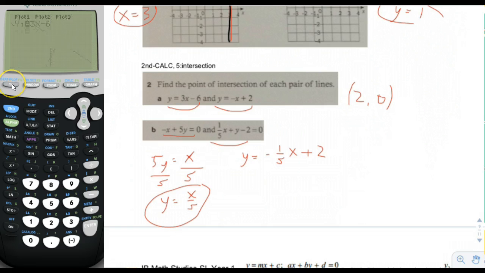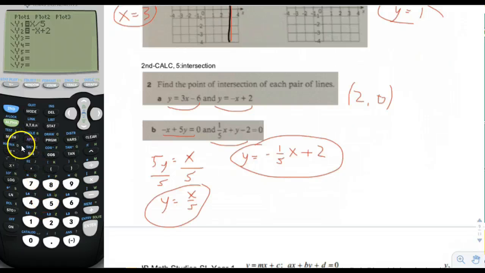Y equals, and the first one is going to be x divided by 5. And the second one is going to be negative, we could put parentheses, 1 divided by 5, and 1 divided by 5 is 0.2, and so you could put that too. x plus 2.